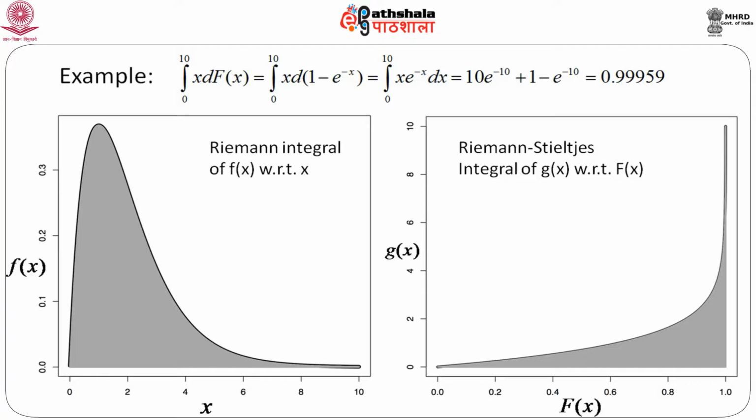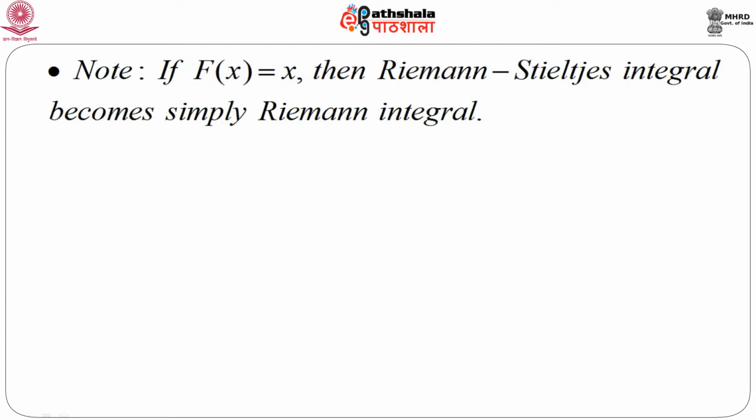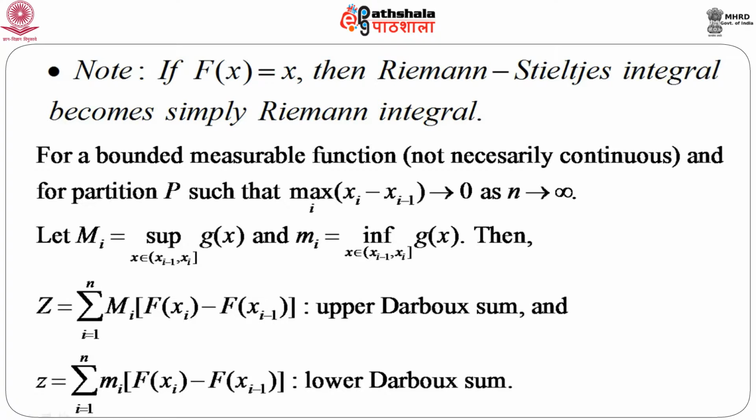So, this gives us a pictorial idea about the Riemann integral as well as the Riemann-Stieltjes integral, which is g x with respect to capital F x. Now, note that if capital F x equals small x, then the Riemann-Stieltjes integral becomes simply the Riemann integral, which is quite obvious.